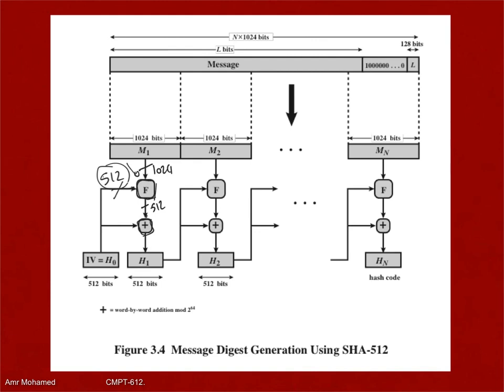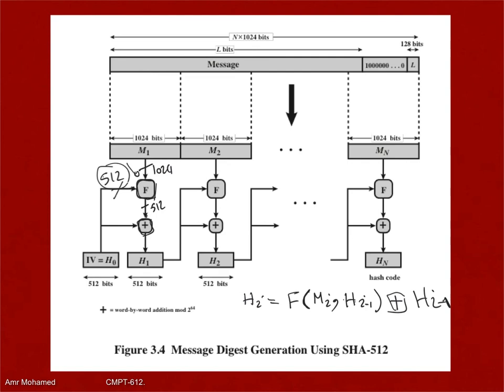So basically, we can simply say that H_i is the addition of two things: a function of M_i and H_(i-1), added with modulo addition to H_(i-1) itself. Yes, H_(i-1), of course.